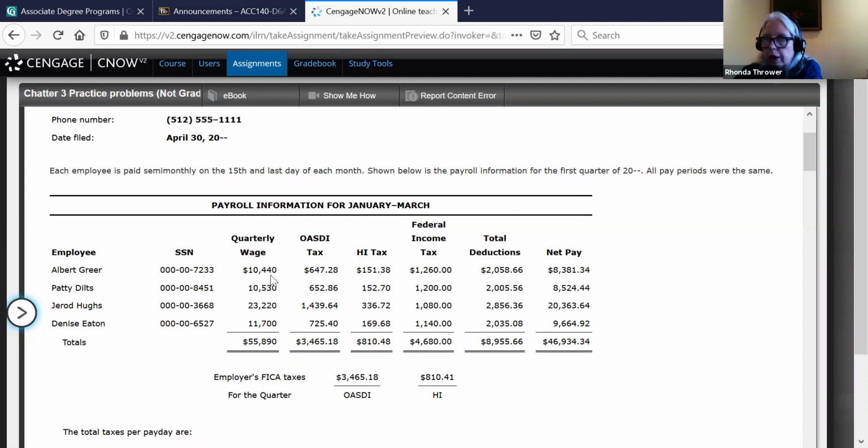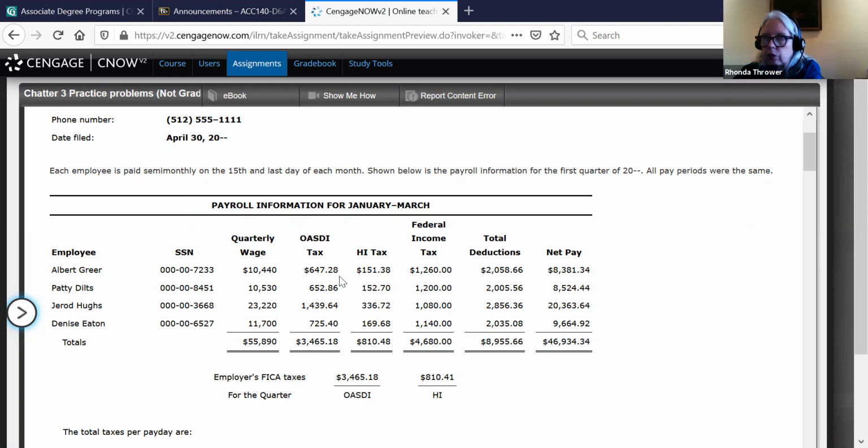This quarterly wage would be multiplied by 0.0145 or 1.45% for the Medicare portion, and that's how they got this. The federal income tax we're going to discuss in Chapter 4. All of these taxes added together are the total deductions.